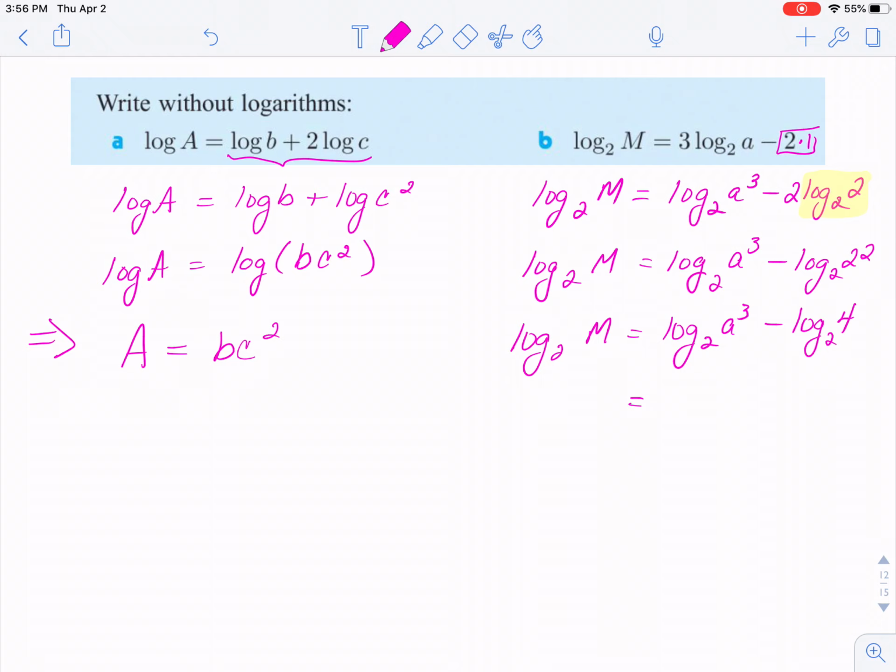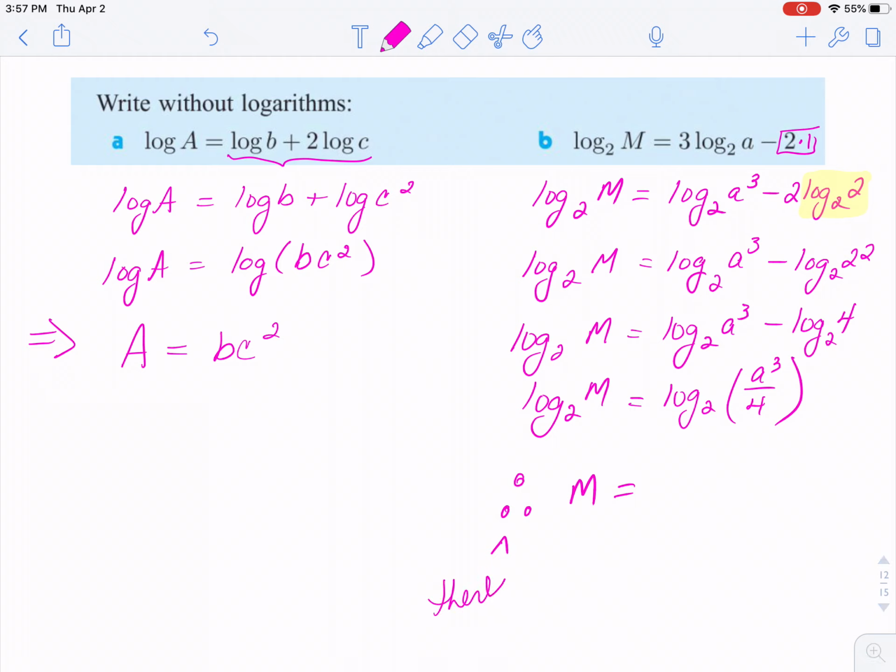Now I'm going to change that into a quotient in a log with base 2 of a cubed over 4. So therefore, what does m have to equal? Remember, 3 dots means therefore. M is equal to a cubed over 4. Nice work, guys.